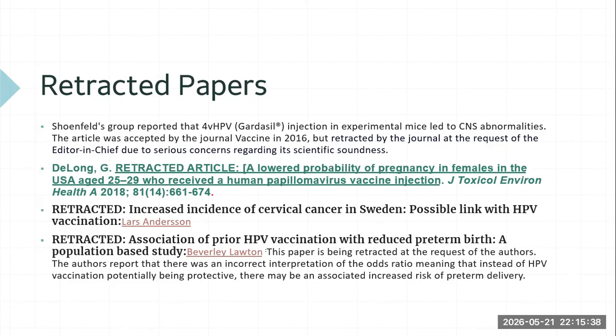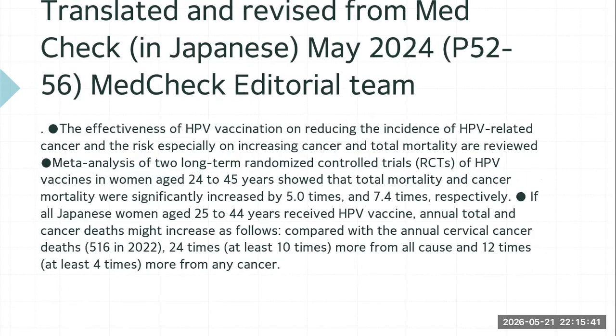There are a lot of cases going on. And we know that Japan had declined HPV immunization. It had stopped, but it was resumed under great pressure. And in 2024, the editorial board of gynae and gynae oncology published that if we give the HPV vaccine to women between 25 to 44 years, annual total and cancer deaths might increase as follows.